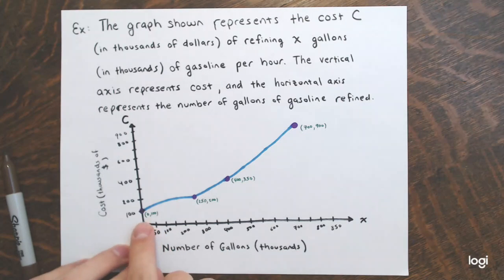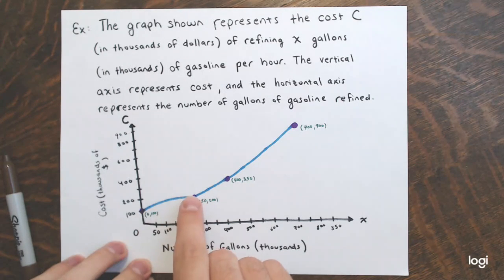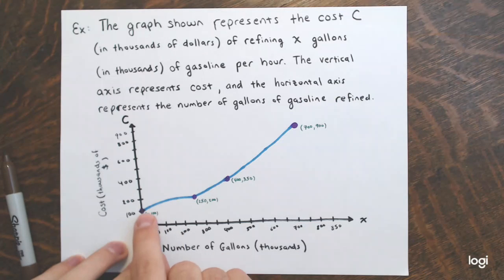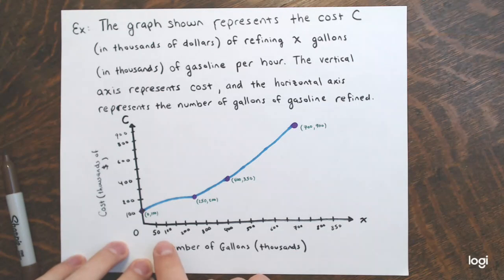All the blue points that are drawn are also points on this graph. If we want to make a little more interpretation here, from this point to this point, if you asked how much would it cost this company, I'm sure, refining this gasoline, to refine 100,000, remember, this 100 means 100,000 gallons of gas in an hour.